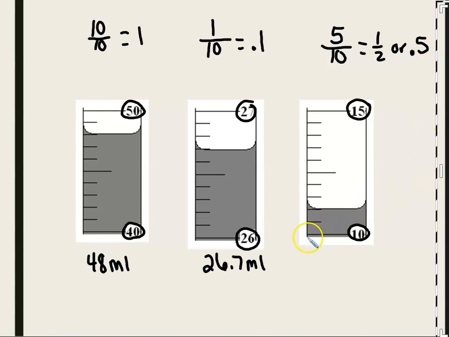So that means we know this is 10, so this would be 10.5. So this next line would be 11. This one's actually 11 milliliters. Okay, and this was what usually gives students a hard time, is when there's 5 between, and so realizing that each line is a half. Okay, so I need you to be able to read a graduated cylinder.